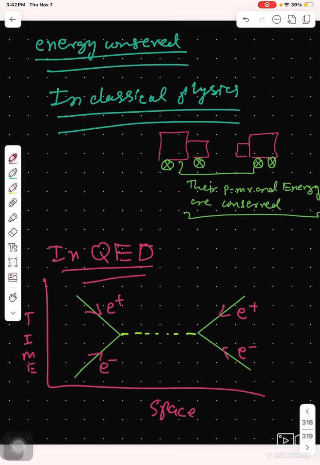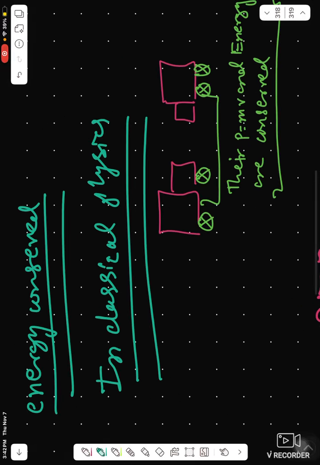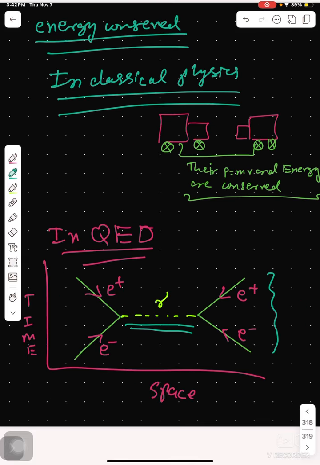Okay, so now what is this? This is gamma, a photon. What we need to focus on is what's happening here. Let's make it more simple. The electron and positron both collide and give off a photon, right?